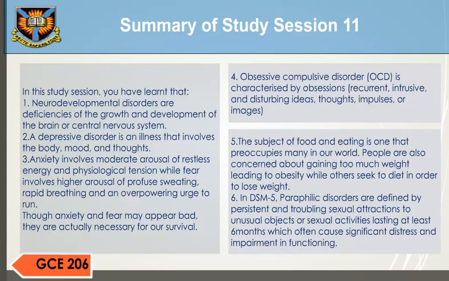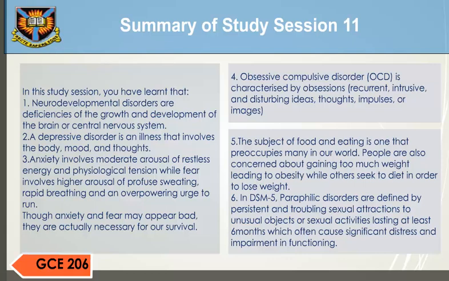Summary of study session. In this study session, you have learned that 1. Neurodevelopmental disorders are deficiencies of the growth and development of the brain or central nervous system. 2. A depressive disorder is an illness that involves the body, mood, and thoughts. 3.